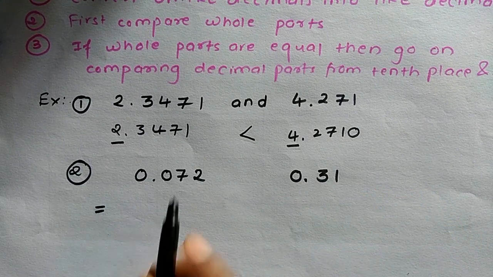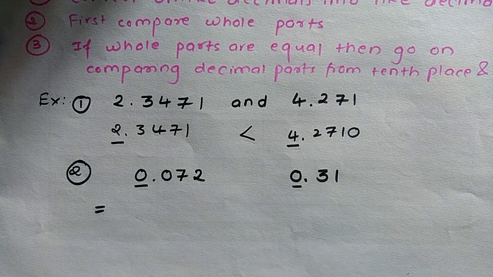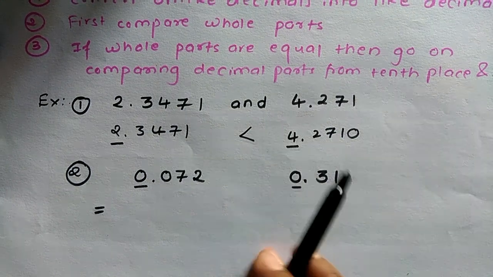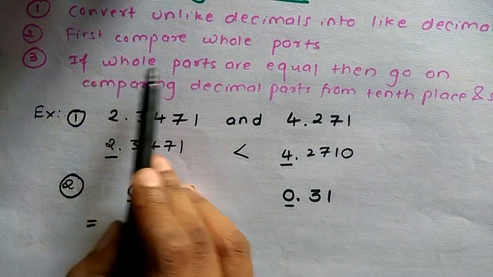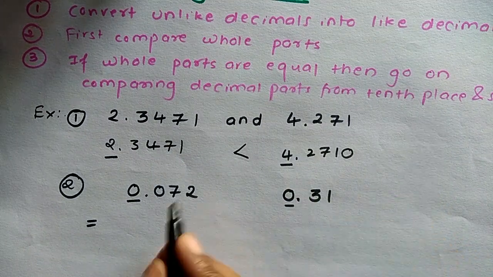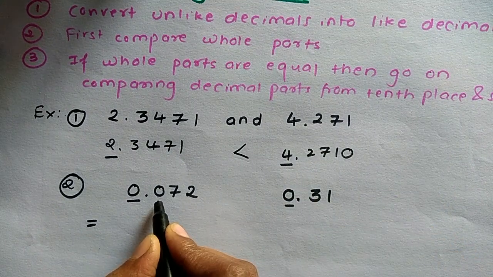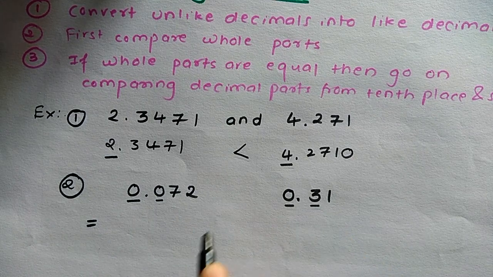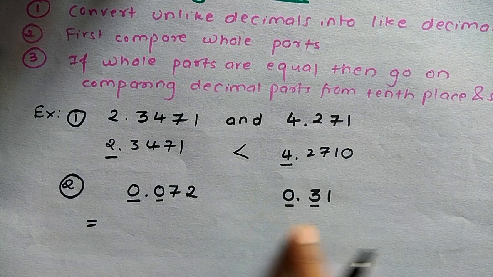So you can see here whole parts, 0 and 0. Both are equal. Then if whole parts are equal, go on comparing decimal parts from 10th place. So this is 10th place, isn't it? Here we have 0, here we have 3. So obviously 3 is greater. So this decimal is greater.